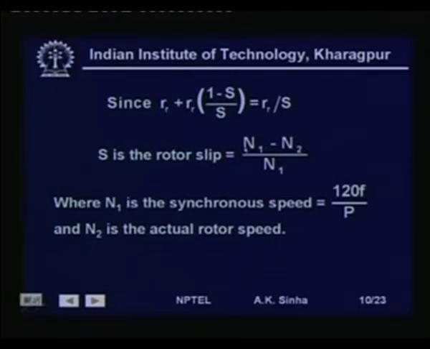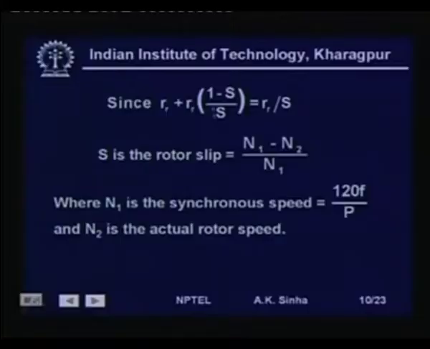This is equal to (N 1 minus N 2) by N 1, where N 1 is the synchronous speed given by 120 f by p, where f is the frequency in hertz and p is the number of poles. This we had seen when we discussed the synchronous machine. N 2 is the actual speed of the rotor. So the slip is N 1, the synchronous speed, minus N 2, the actual speed, divided by the synchronous speed. This is how we define the slip, that is, how much the rotor is slipping with respect to the synchronous speed.